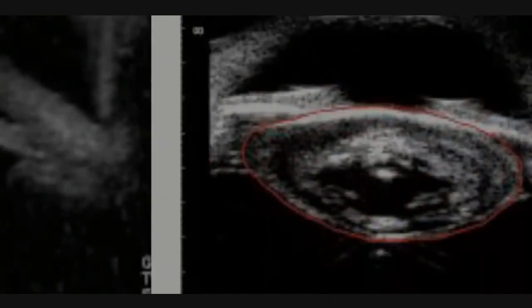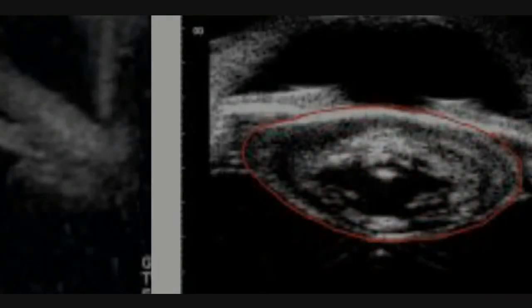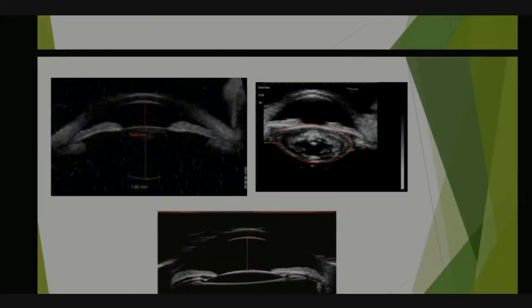In iridocorneal Seine, it will be anterior bowing, right? Is there any scenario where advanced anterior bowing looks almost the same as an iridocorneal Seine? In that advanced case, advanced iris bowing will result in anterior Seine only, no?